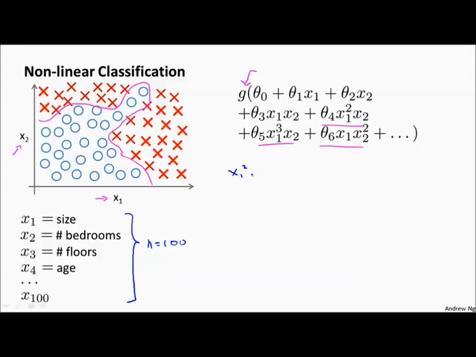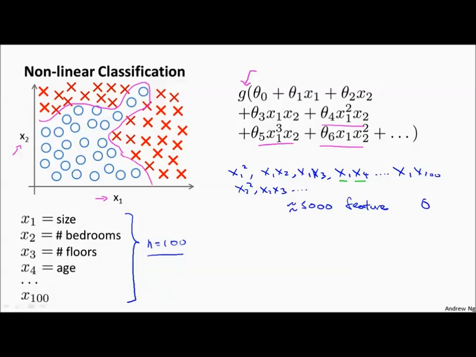There'd be terms like x1 squared, x1 x2, x1 x3, x1 x4, up to x1 x100, and then you have x2 squared, x2 x3, and so on. And if you include just the second order terms, that is the terms that are a product of two of these terms, x1 times x1, and so on, then for the case of n equals 100, you end up with about 5,000 features.